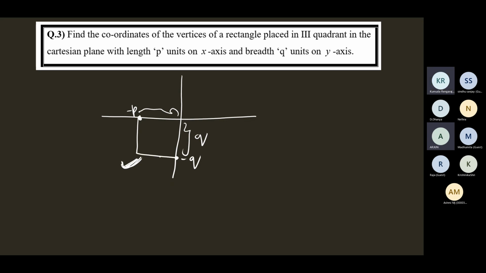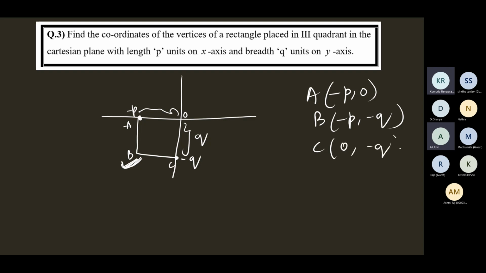This is the rectangle. A, B, C, O, you can mark in any order. So A is given by minus P comma 0. B is given by minus P comma minus Q. C is given by 0 comma minus Q. And O is 0 comma 0, which is the origin.